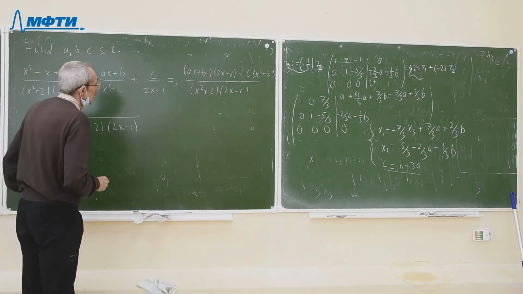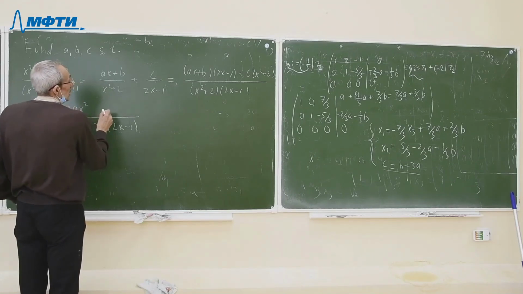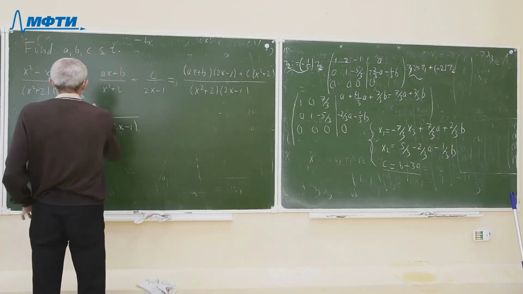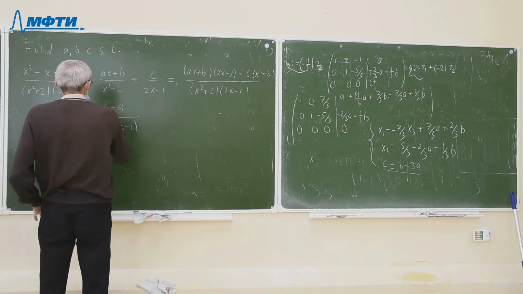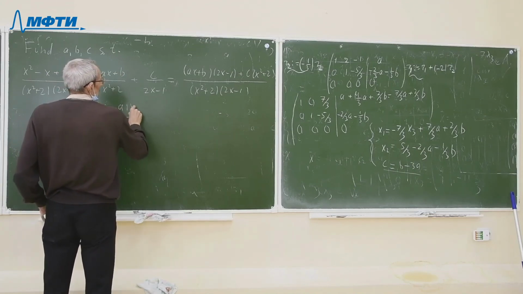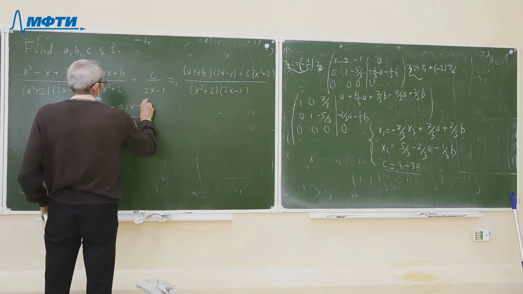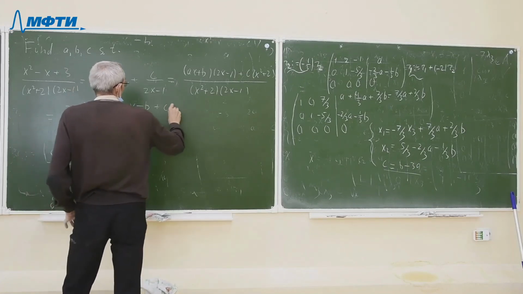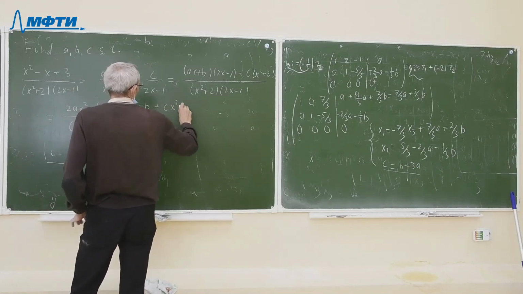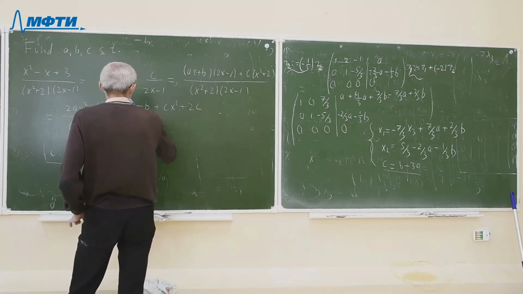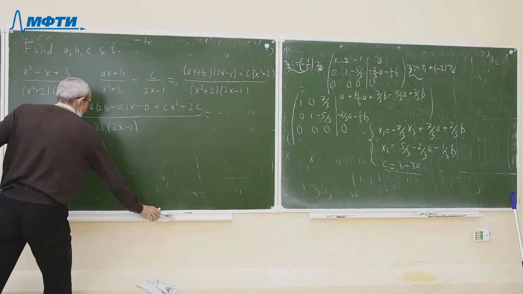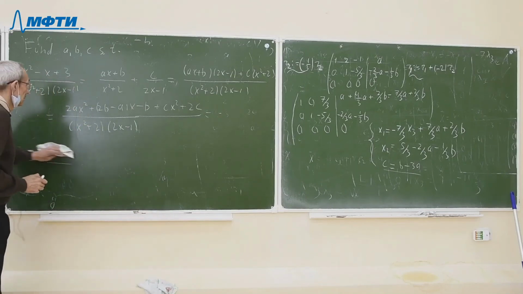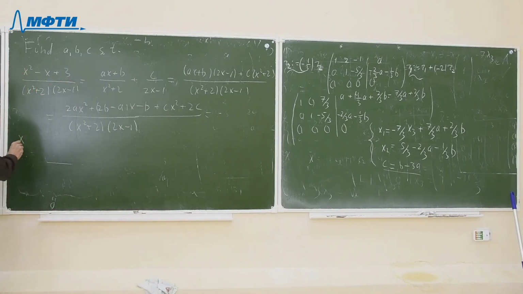2a x squared plus 2b minus a x minus b plus c x squared plus 2c. And we have the equality of the following two polynomials.